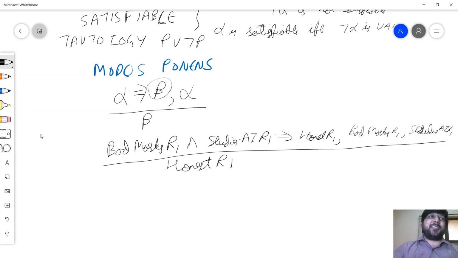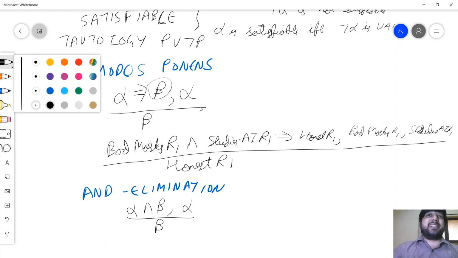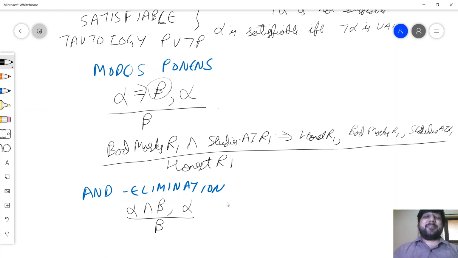There's another one which is called the AND elimination. It simply says if I'm given alpha and alpha, then I can derive beta. Like over here, I had been given that studies AI are 1 and studies AI are 2 and studies AI are 3.